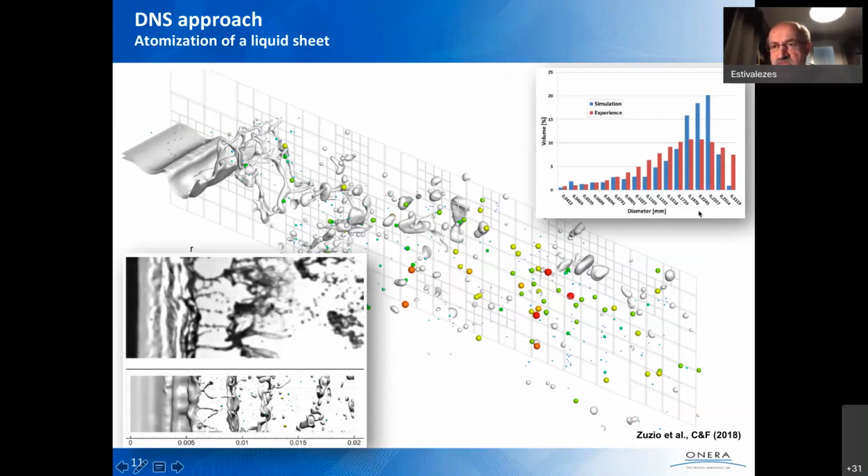We have some difference in the values. We produce more droplets than the experiment. But it's quite difficult to really compare this type of thing, because we perhaps do not have a long enough computational domain, and so on. But we are quite happy with this type of comparison.